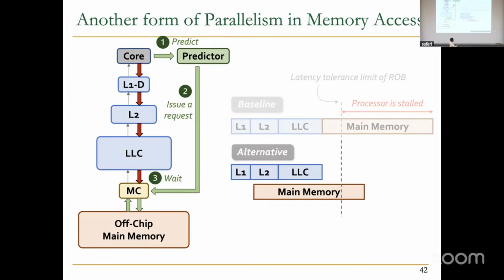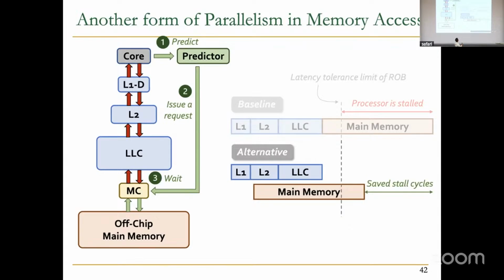You know that DRAM access latency is really long. So why can't I start accessing DRAM as fast as possible? So that's the whole idea: if you can speculate, then you can go forward and access the DRAM and hide the latency. This is one form of speculation, which again saves the stalls.